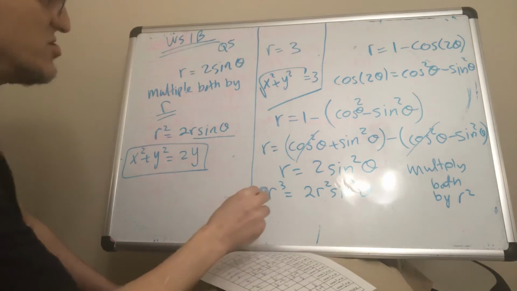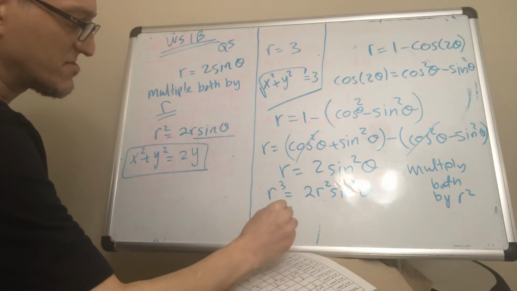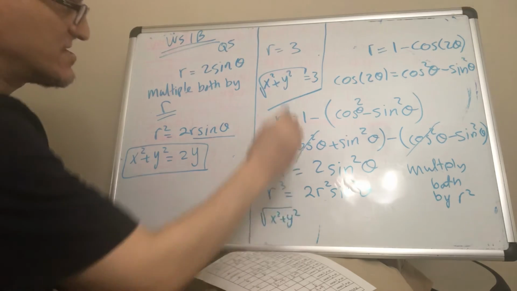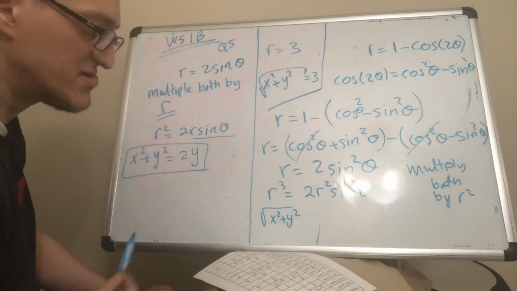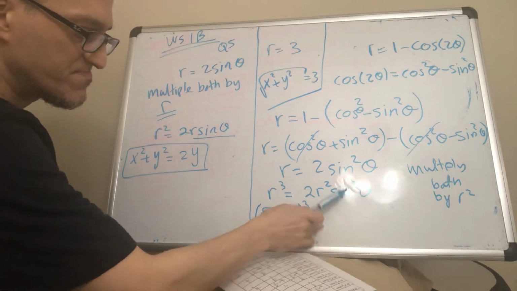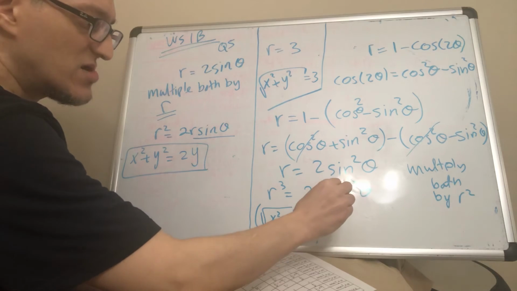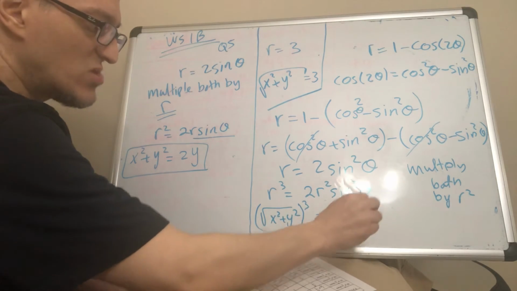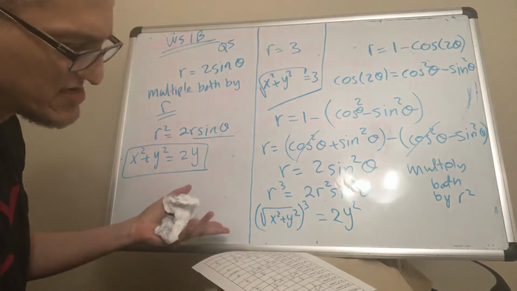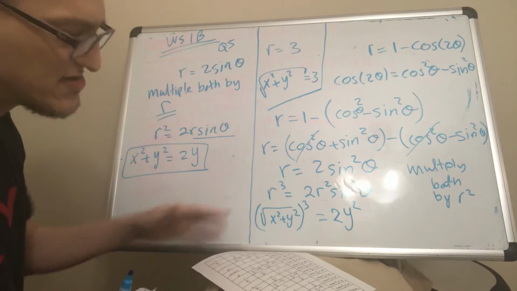Now, you know that this is r, the square root of x squared plus y squared, cubed. R sine theta is y, so r squared sine squared would be y squared. So you can leave it as it is. You can work it out a little bit, but this is good enough.